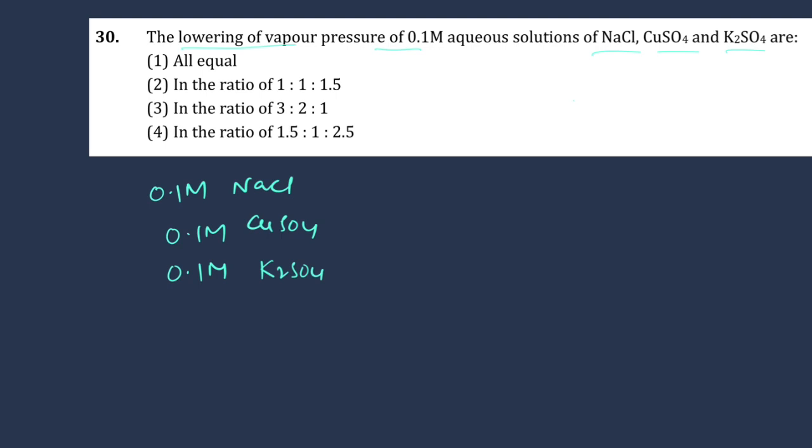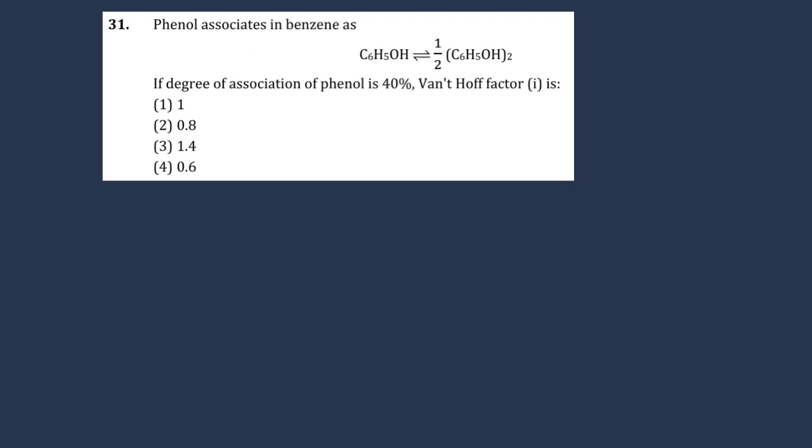The concentration is the same, so lowering of vapor pressure depends upon which one? The i value. The i value for this is 2, for this also 2, for this is 2 potassium, 1 sulfate, meaning 3. Here 1 copper, 1 sulfate, meaning 2; 1 Na, 1 Cl, therefore 2. So like these options are not there, we can say 2, 2, 3, therefore 1 is 2, 1 is 2, 1 is 1.5, like this the second option is there.